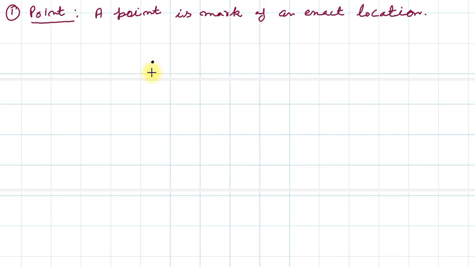If I put here P, this is a point. If I put here another point, and I want to represent it on paper, I will call it point Q, right? Here is a point P, here is a point Q. So this is a point.